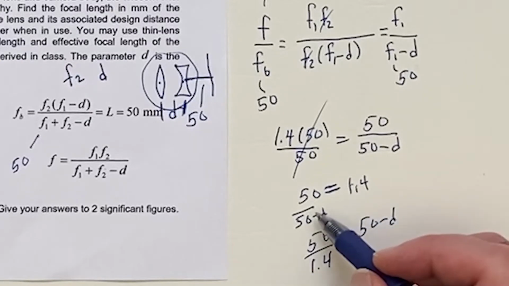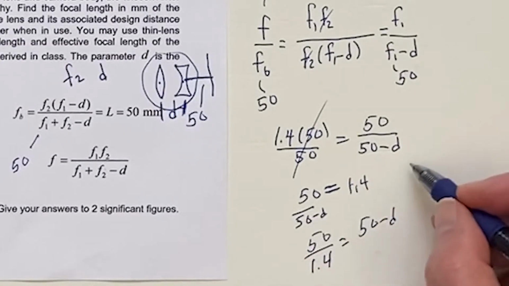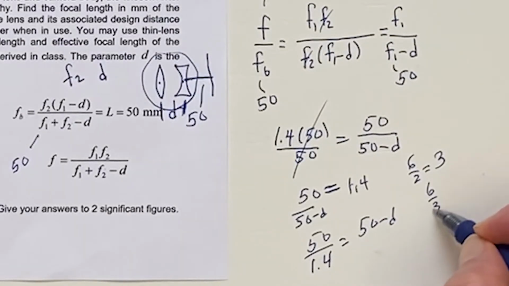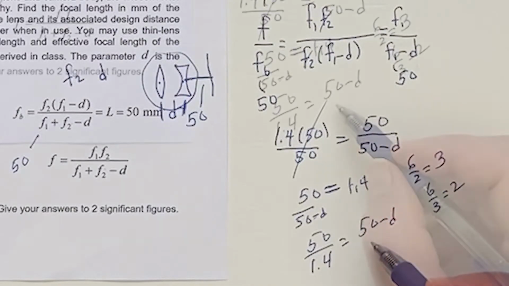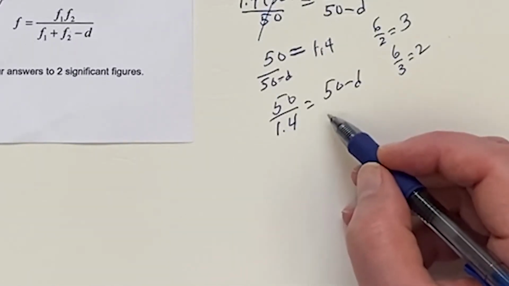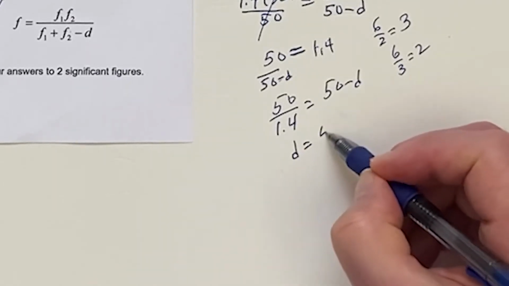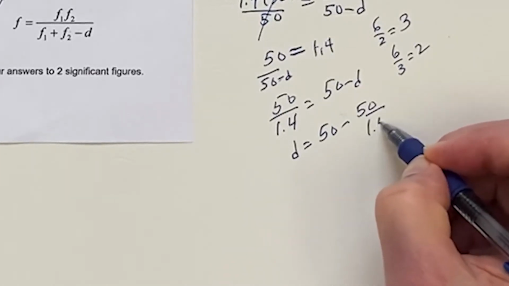You know, multiply both sides by that denominator and divide, or just simply 6 divided by 2 is 3, 6 divided by 3 is 2. We always swap there. So when we do that, we're going to get here for this, D is equal to 50 minus the 50 over the 1.4.